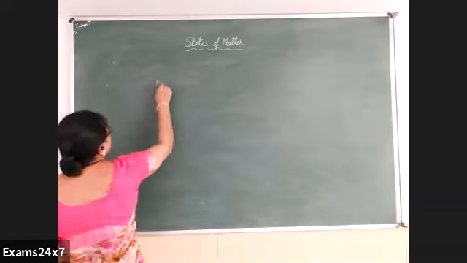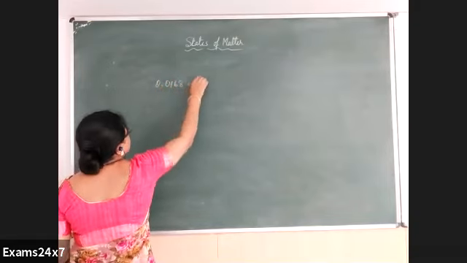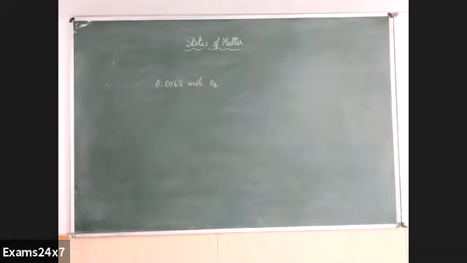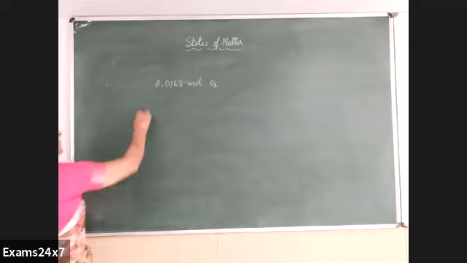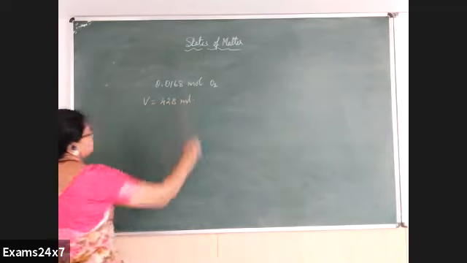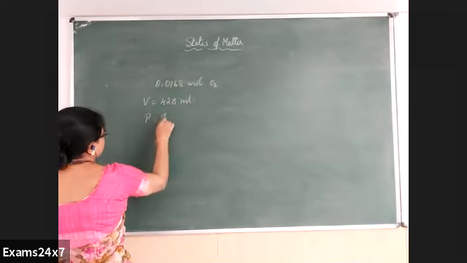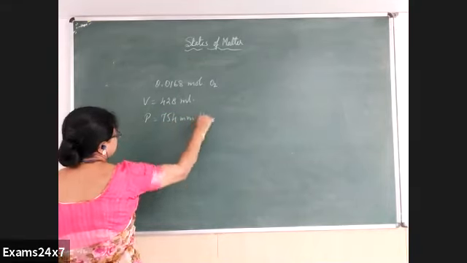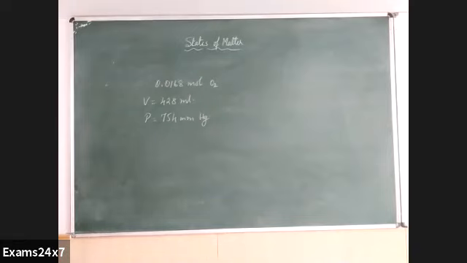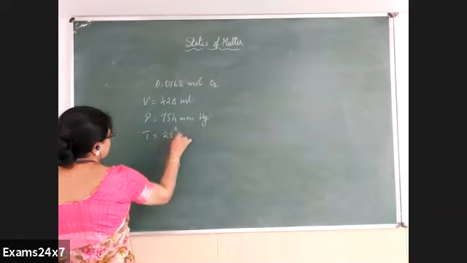Right? Volume of 0.0168 moles of oxygen obtained by decomposition of KClO3, potassium chlorate, and collected by displacement of water is 428 ml, at a pressure of 754 millimeter of mercury at 25 degrees Celsius.